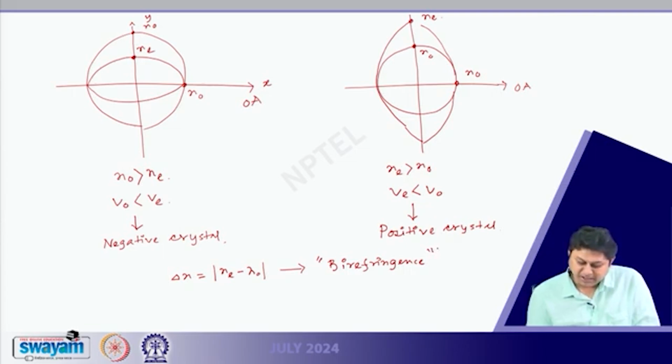That means if the value of delta n is high, we have high birefringence. If the value is low, we have low birefringence. It just determines the birefringence of the crystal.